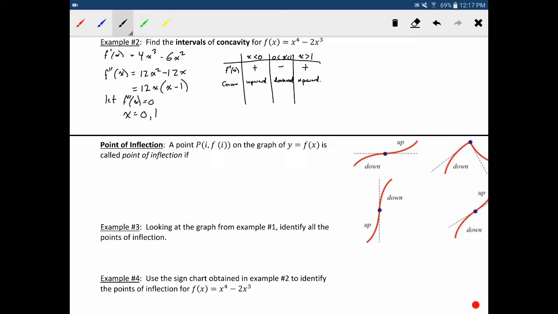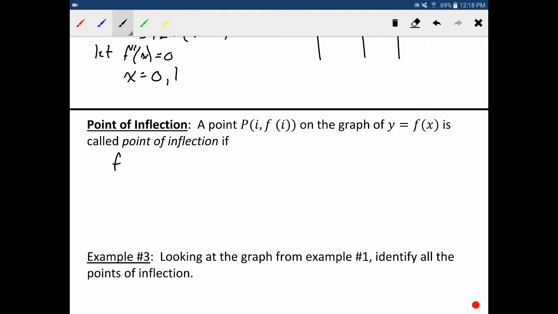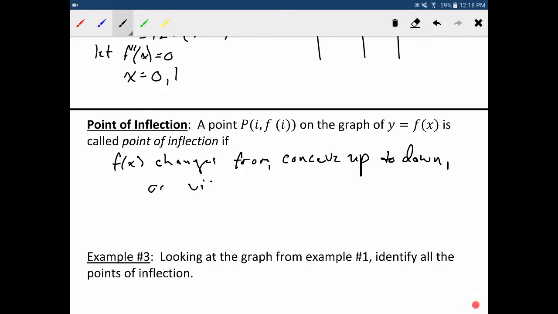A point of inflection is where we transition between being concave upward to downward or downward to upward. So this is where f of x changes from concave up to down, or vice versa.